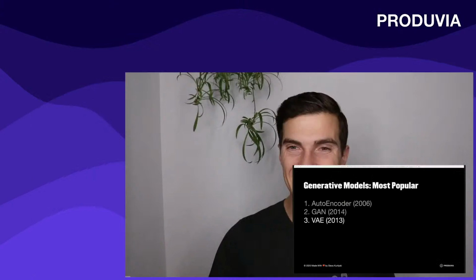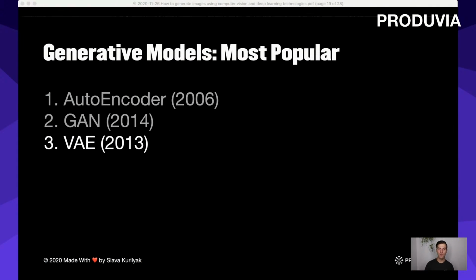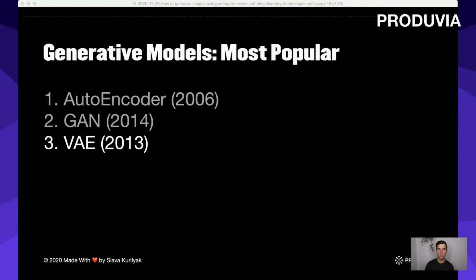The next is called the VAE, the variational autoencoder. VAE is, I would say, the next best way that companies are using generative models to create images. This architecture came out 1 year before GANs, but it is extremely powerful.